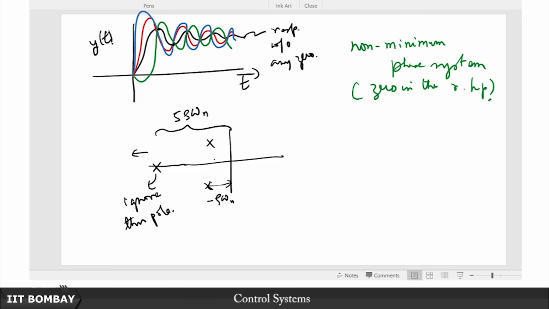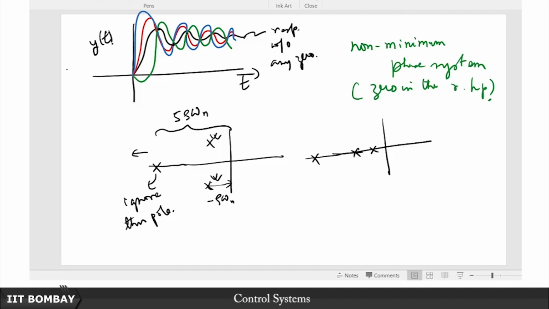Then we can ignore this pole. We say that these are the dominant poles, the ones closer to the imaginary axis. The dominant poles govern the overall response of the system more or less, and we can ignore the additional pole. Of course there is no guarantee that the additional pole is always going to be complex. If you have overdamped or critically damped systems with repeated poles, then you have 2 poles closer to the imaginary axis and a third pole which is farther.